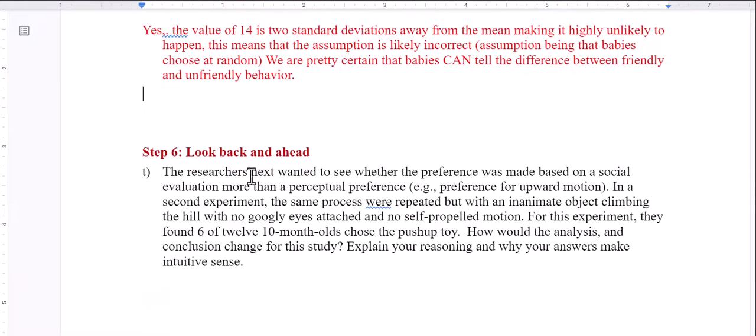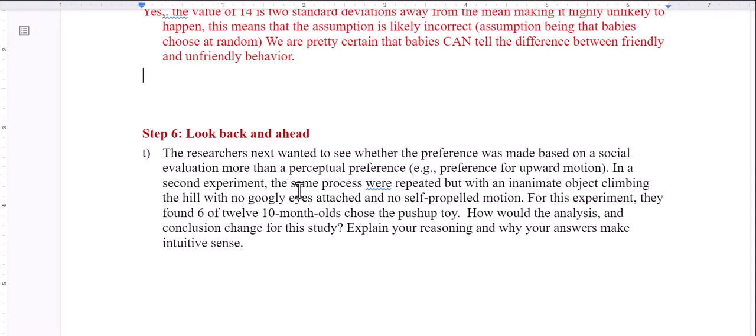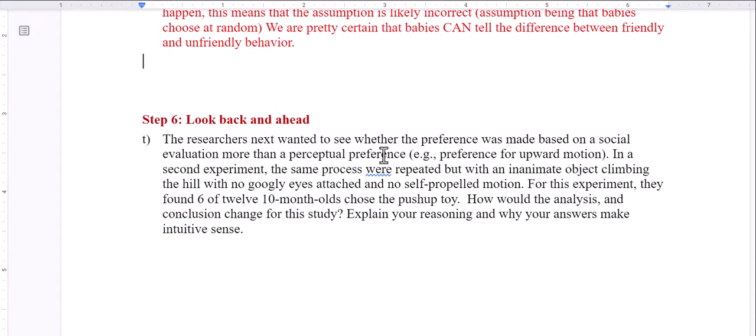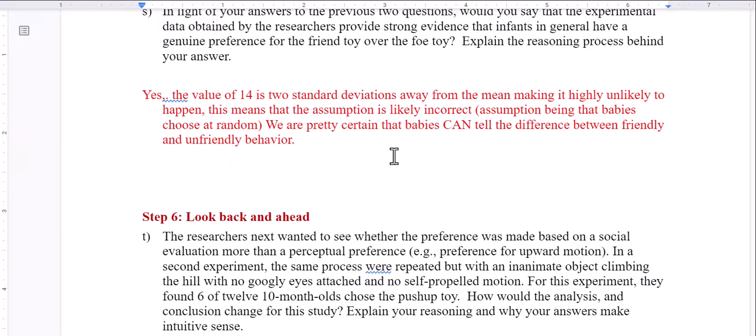All right, and then looking back and ahead, what else could happen, right? The researchers next wanted to see whether the preference was made based on social evaluation or on a perceptual preference. Looking back and ahead is oftentimes once you're done with the study, it may generate more questions. And so you explore those questions, like is it just a perceptual preference?